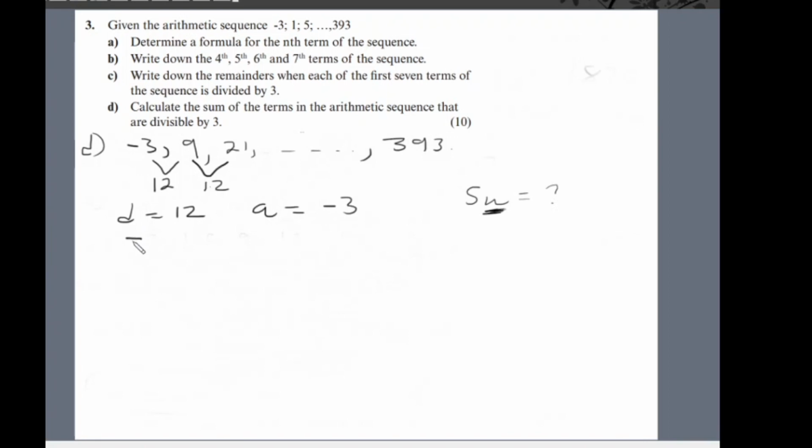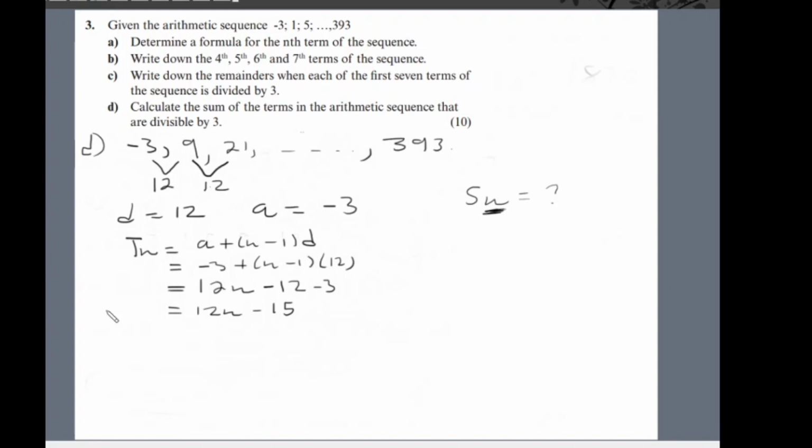Because this is an arithmetic sequence, the formula for Tn is a plus n minus 1 d. A is -3 and d is 12. Okay, so Tn is equal to 12n minus 12 minus 3. So it's 12n minus 15, right? So now you have a formula for Tn.